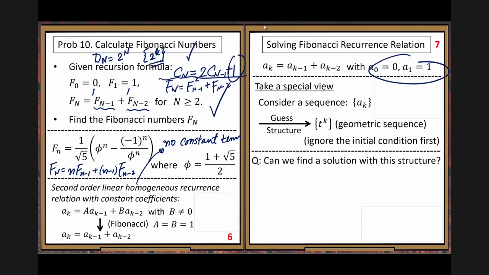Question: can we find a solution with this structure? Let's try. Okay. Plug in and see what we can get. Replace a sub k by t to the k. Then similarly, a sub k minus 1 should be replaced by t to the k minus 1, and so on.